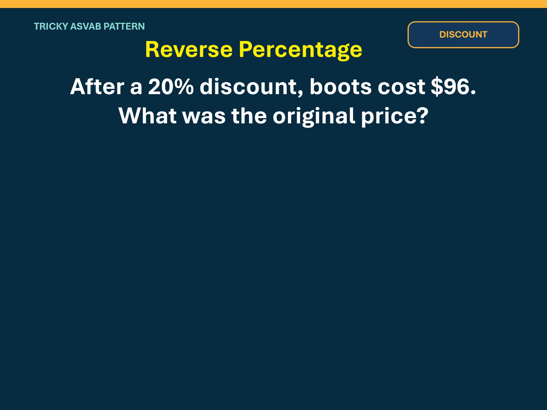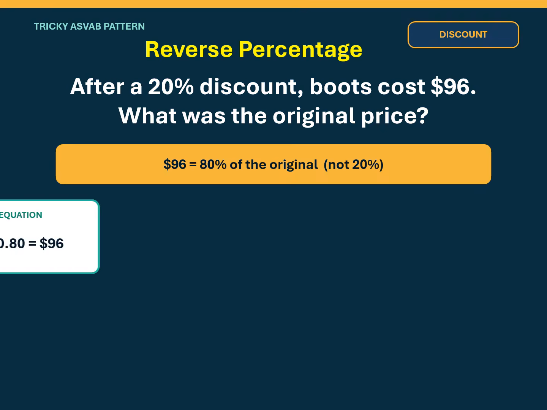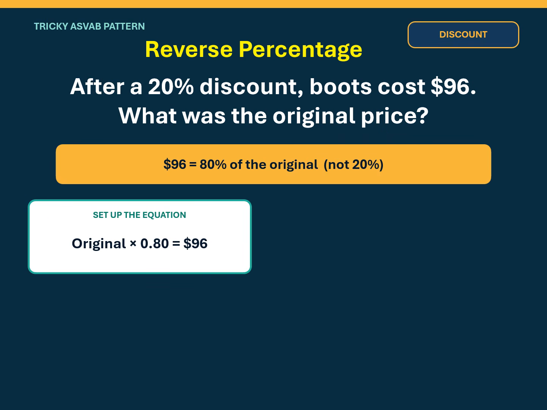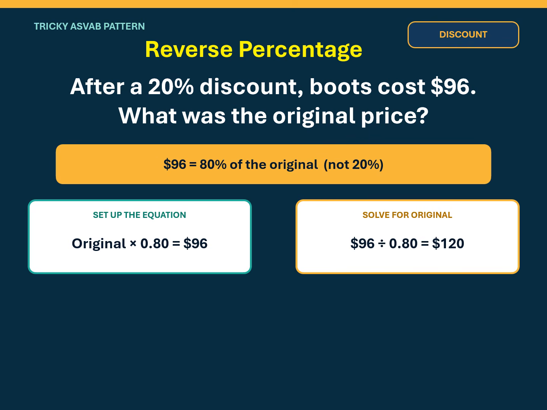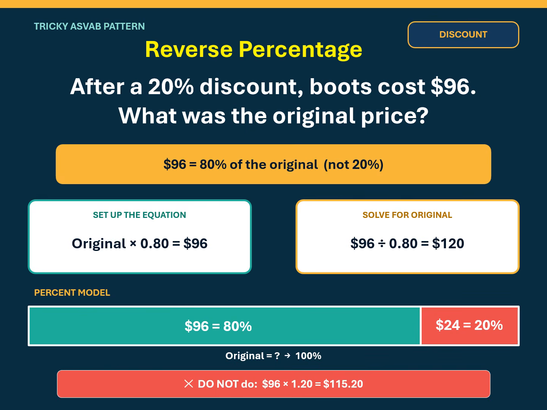Because $96 is 80% of the original, not 100%. The discount of 20% was removed, so we divide 96 by 0.80. It is $120. Always ask, does this number represent 100% or something less?